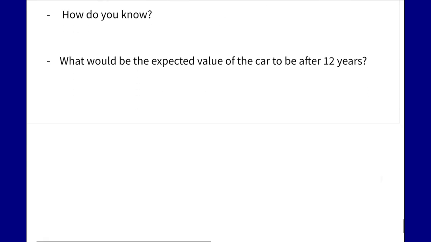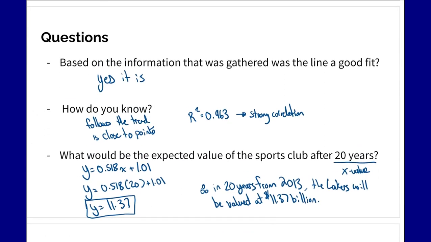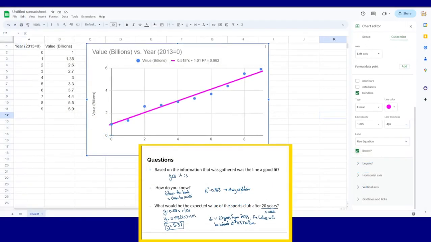But the main thing is we did go through an example of creating scatter plots in Google Sheets. So I do recommend that you try it, practice it, and get comfortable using Google Sheets, because that is something you might have to use later on. It is a good skill to have, not just for math, but for life in general.